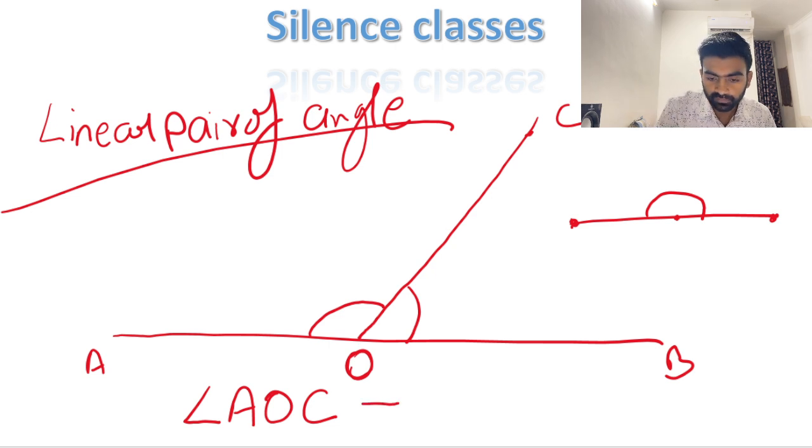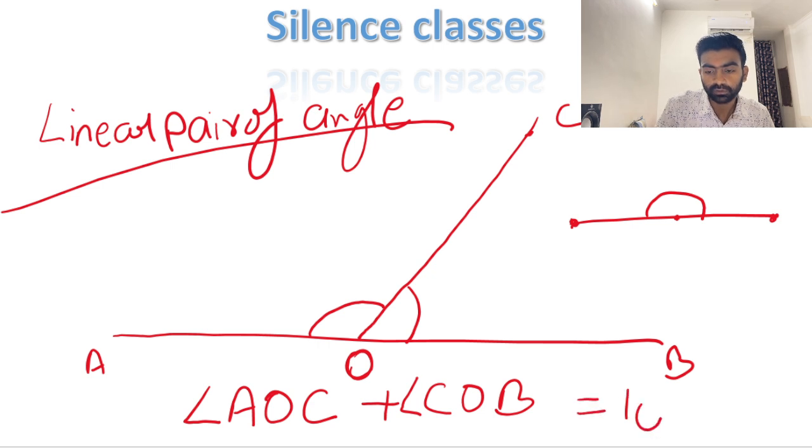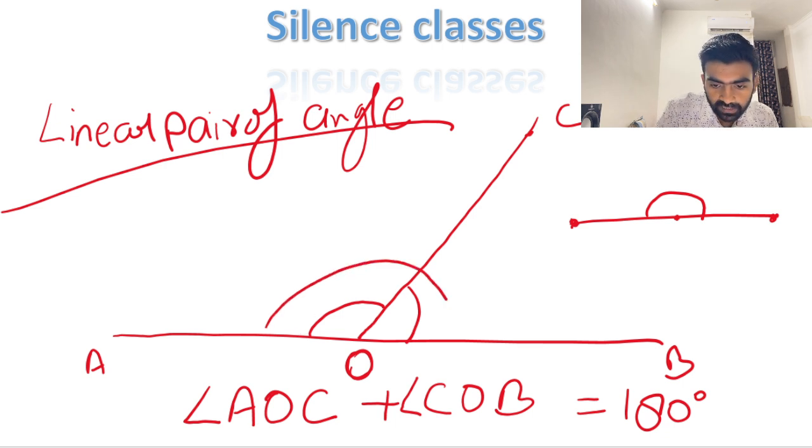Plus angle COB is equal to 180 degrees. Which means if I add this and this angle, the whole angle will be completed. This is known as linear pair of angles.